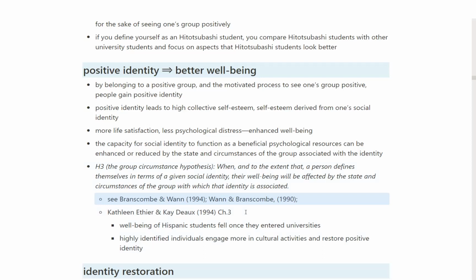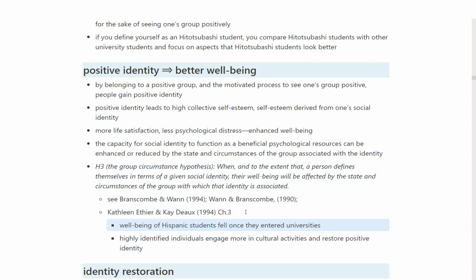There is an example in the textbook. Maybe you want to look up the study done by Branscombe and Wang, and Wang and Branscombe. There is also another example in the textbook, conducted by, I'm not sure how to pronounce this name, Ethier and Deaux. I will come back to this study in chapter 3 for more details, but basically what they found was that the well-being of Hispanic students fell once they entered universities.